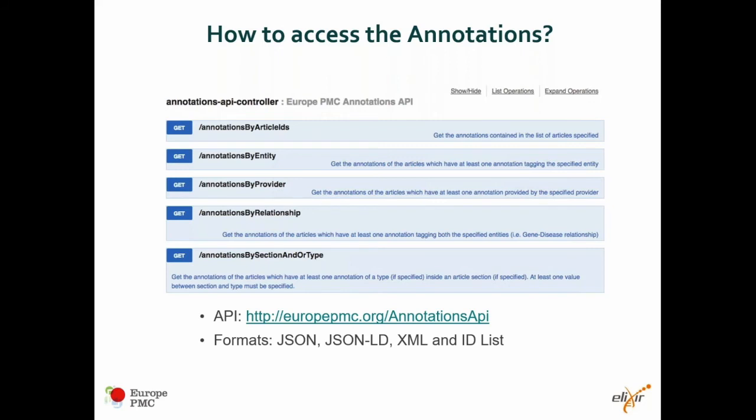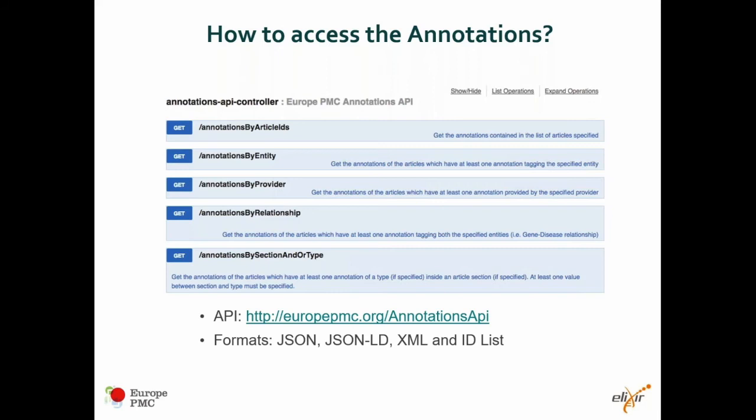So this can be done in different ways. That is, you can query the API in terms of fetching annotations for a set of articles, or you can fetch annotations by specific entity like P53. Then it will fetch all articles that mention P53.